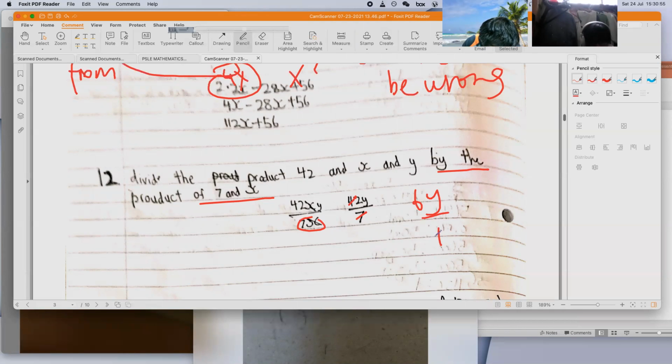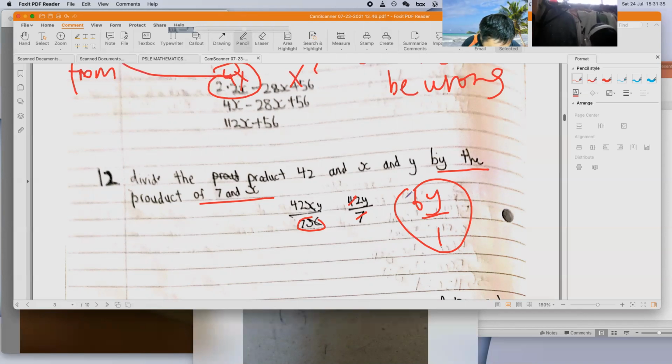So the answer is 6y. Why? Because simplest form.